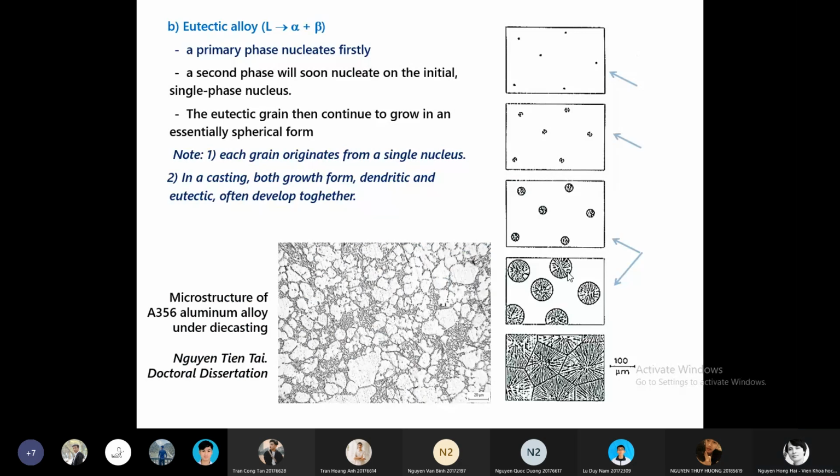And in casting, this eutectic and dendrite can exist together, can develop together. You can see in this macrostructure picture the alpha phase and the eutectic. They can develop together in reality.